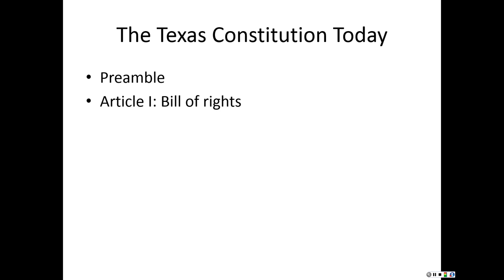The Texas Constitution has a Bill of Rights in Article 1 so as to limit political power and prevent the abuse of political power. Article 1 indicates that all free men have equal rights and cannot be denied or abridged because of sex, race, color, creed, or national origin. Freedom of religion, speech, and the press is guaranteed.